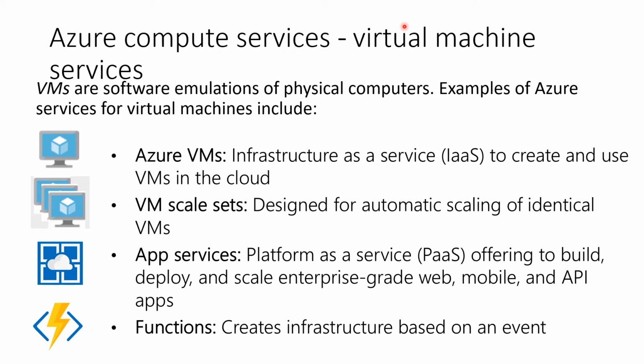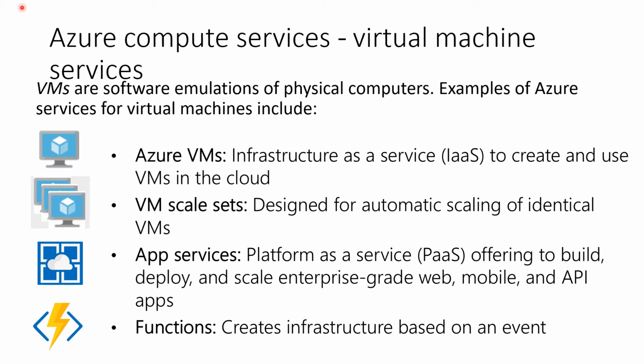Then if we discuss VM scale sets, they are designed for automatic scaling of identical VMs. Like it was mentioned in my previous lectures, when you want to use a VM scale set, it has to be identical VMs all around.